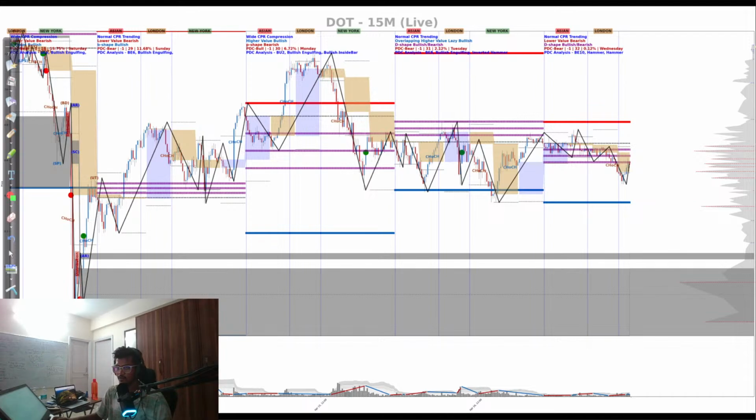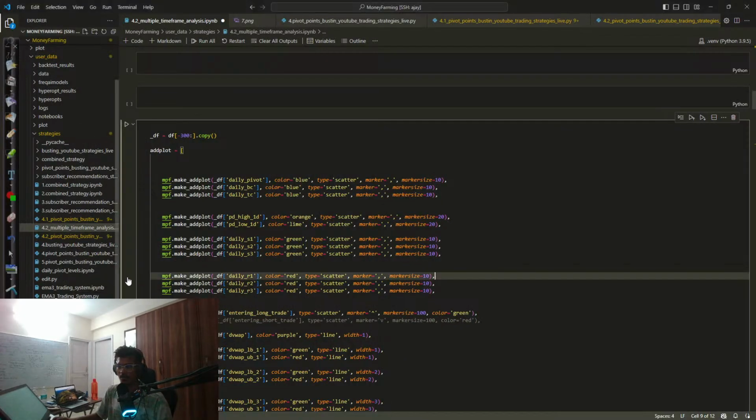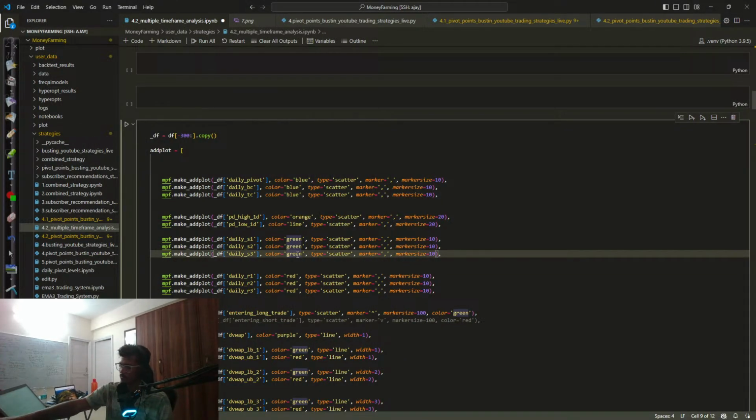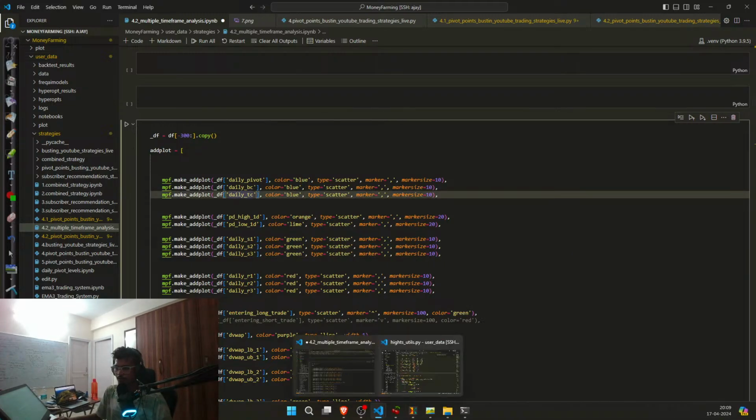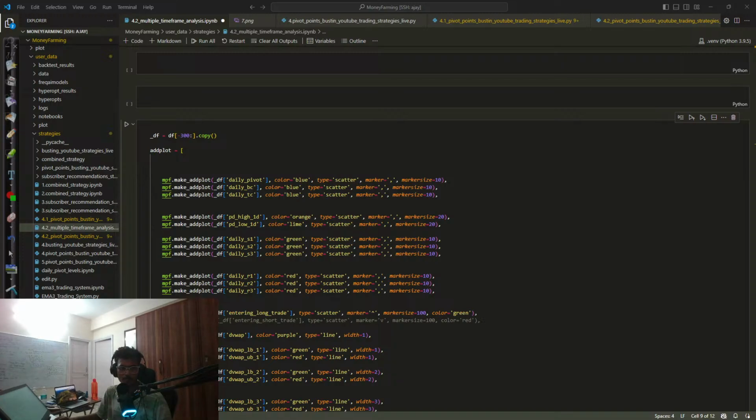Okay, let's go on. Let's go and see here. So I want to plot this chart. So how to do it? Hang on, I'm looking at my code here.